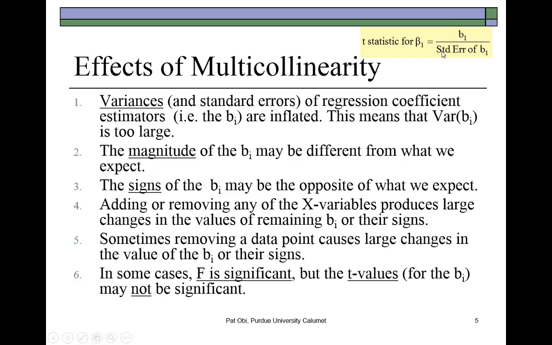So what this means is if we have collinearity, then in all likelihood this standard error here is going to be much larger than it's supposed to be, so that when divided into b1 will result in a low t statistic, which may cause us to accept the null hypothesis that x1 has no impact on y.